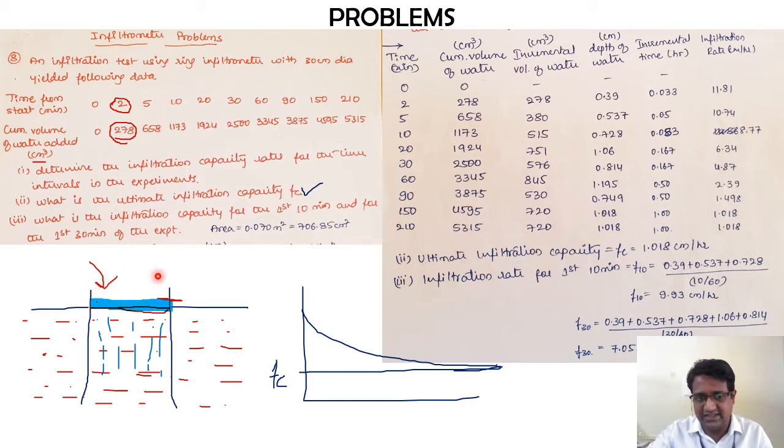All this water they are adding is getting infiltrated, but they make sure that the top surface of the water stays level at the specified marker. This is how we have got these values. The entire test was conducted for a duration of 210 minutes, and the total volume of water added is 5315 cubic centimeters. This is how the data has been collected for this problem.